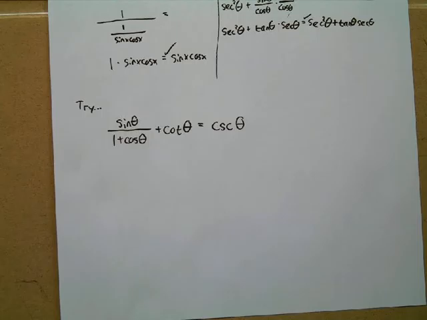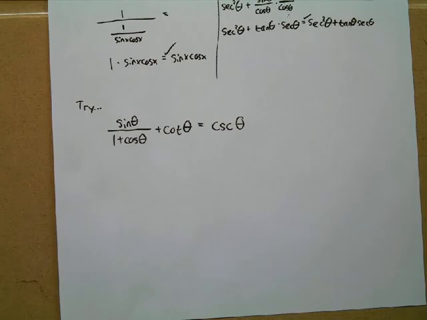Okay, may I see your pencil? So we want to be careful with this. Like that, because when you multiply sine theta by the denominator, it's times the whole denominator.